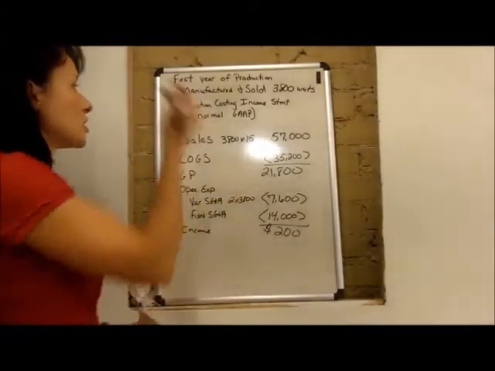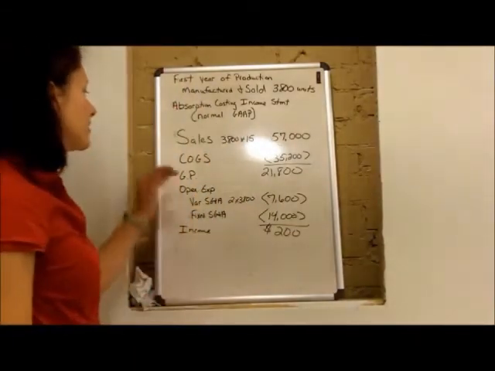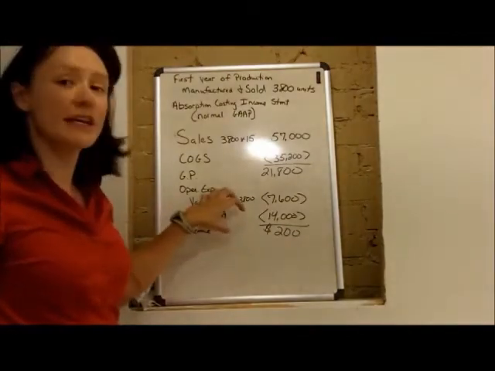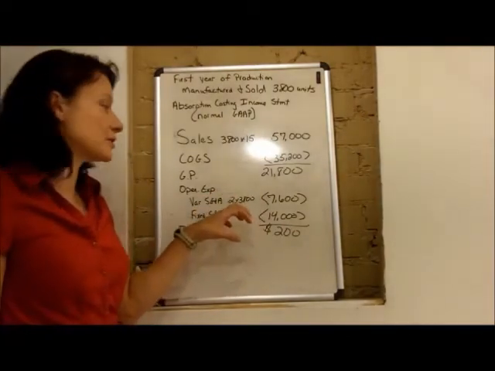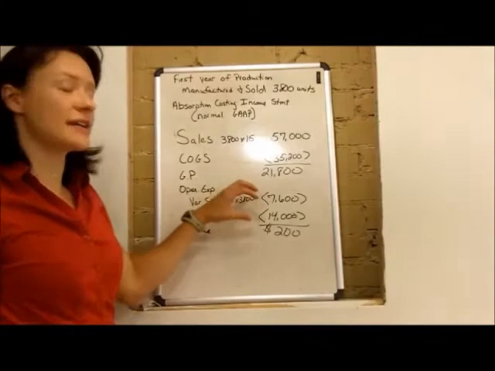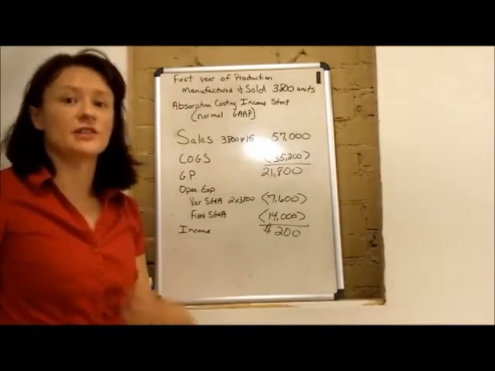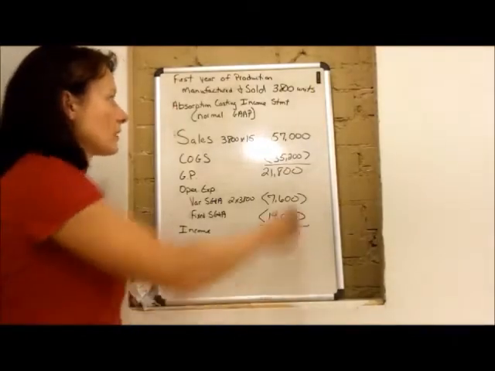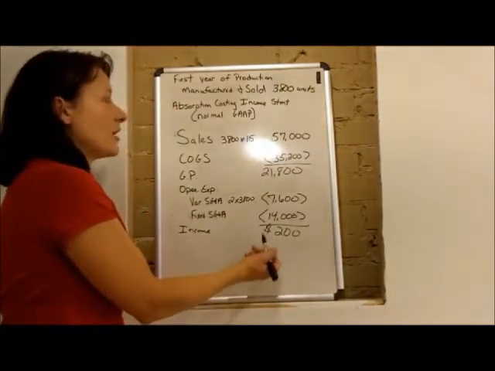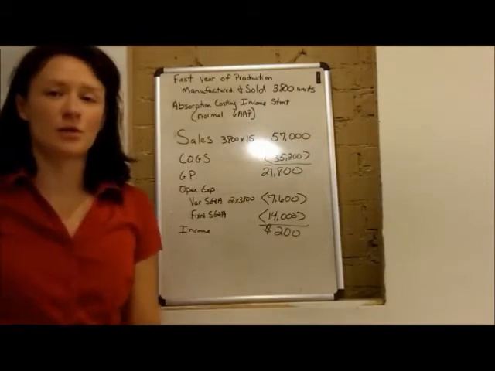Okay. So under absorption costing, we're separating out the production costs and the period expenses, the selling, general, and administration expenses, which are recognized in the period they're incurred. Cost of goods sold is simply the production cost of the units sold. So when we produce and sell 3,800 units, the income is $200.